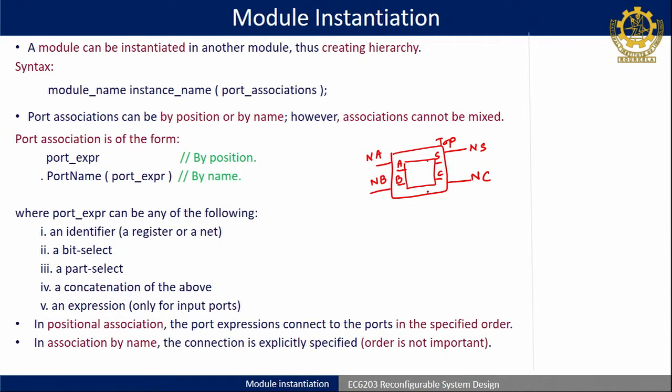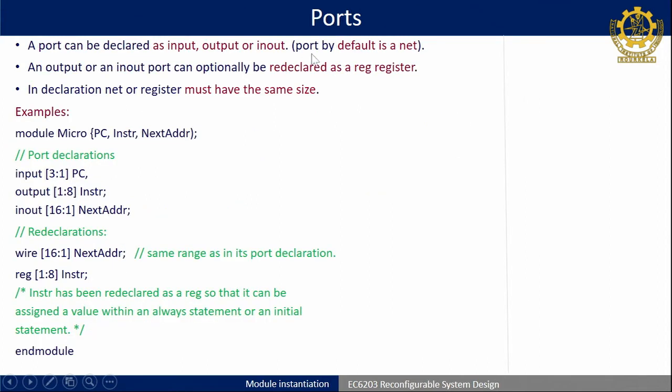Ports are the medium, or interfacing terminals, through which the design communicates with the external world, or with other designs in the same system. A port can be declared as an input port, an output port, or by default an input-output port.